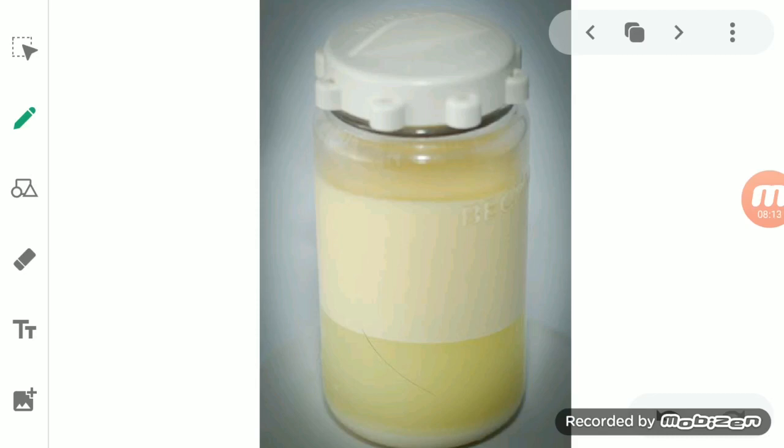We put the milk in a closed container, as you see here, and then we take this closed container and keep it in a big centrifuge machine.